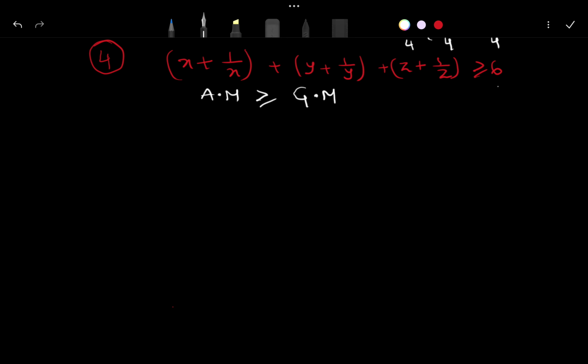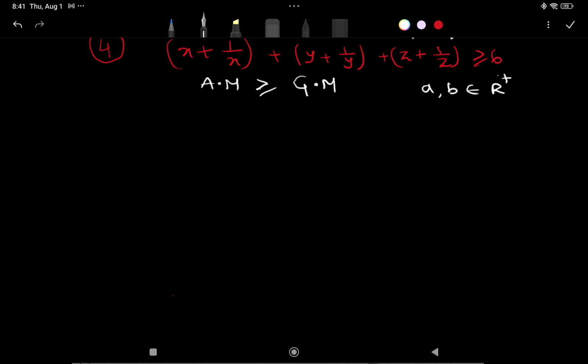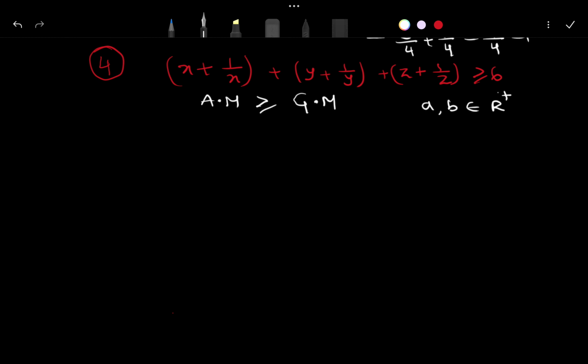In earlier classes, a and b are two positive real numbers. What is the arithmetic mean of these? a plus b by 2 is the arithmetic mean. The geometric mean is the square root of a into b.